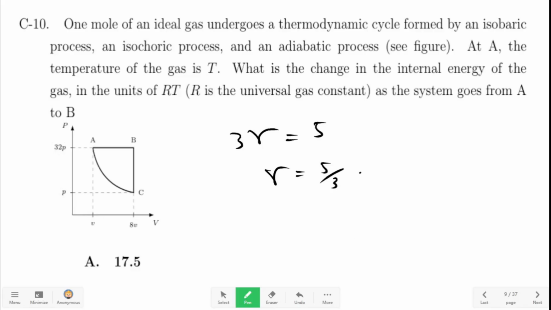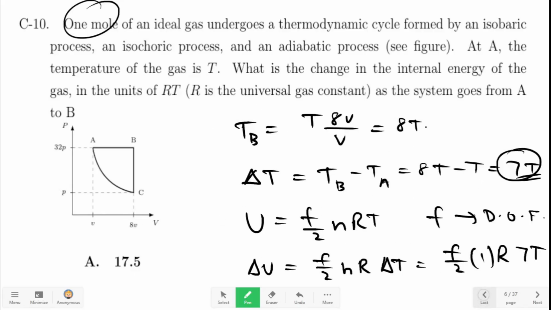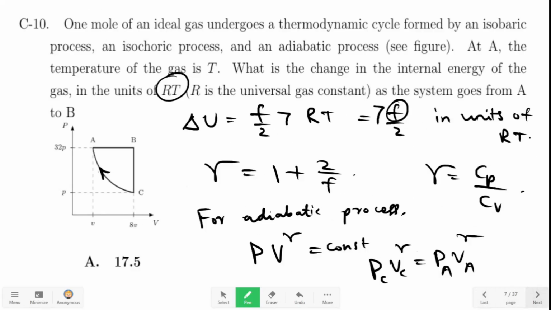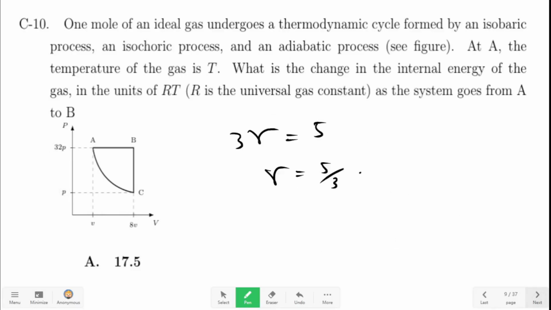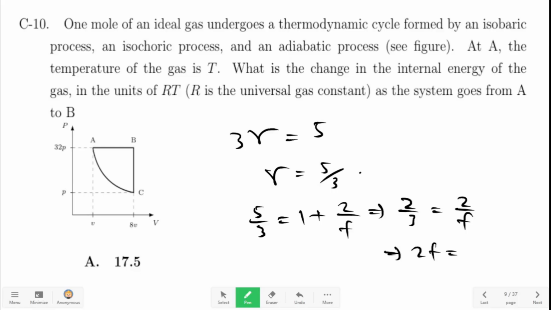From here we can say gamma is equal to 1 plus 2 by f. So 5 by 3 is equal to 1 plus 2 by f, which means 2 by 3 is equal to 2 by f. 2f is equal to 6, f is equal to 3.